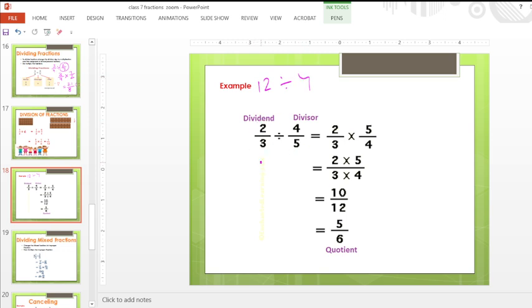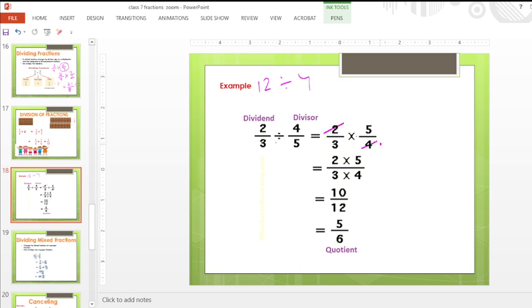The first one is always the dividend and it is divided by 4 by 5. Now you cannot directly divide, you have to first change it into a multiplication problem. First fraction remains the same, the division sign is changed into a multiplication sign, and the reciprocal of the second one, that is 5 by 4.